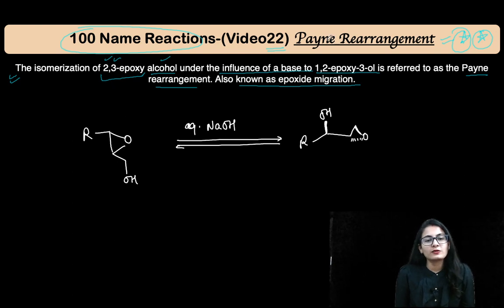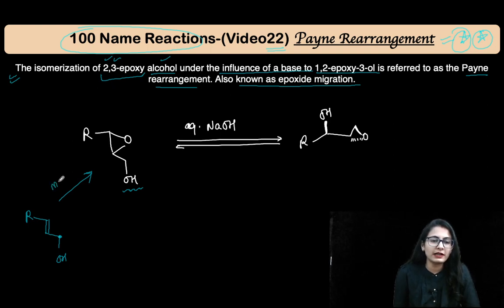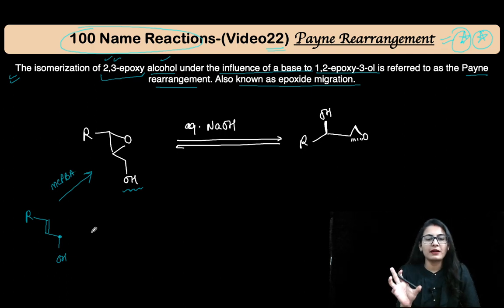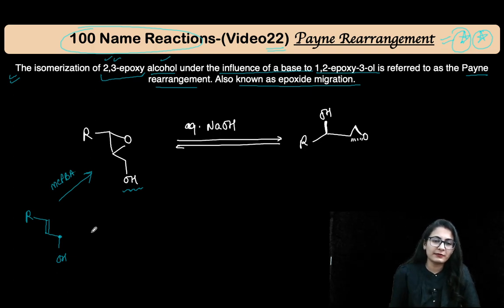Usually the Payne rearrangement refers to when you are having an alcohol, and first of all, how do you get this 2,3 epoxy alcohol? It's very simple. If you have an allylic alcohol like this, you can just do the metachloroperbenzoic acid oxidation, and very many times in the Sharpless epoxidation you also get the same product, and you get one particular enantiomer.